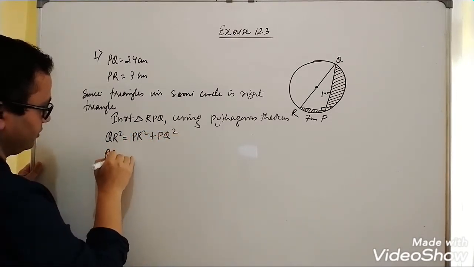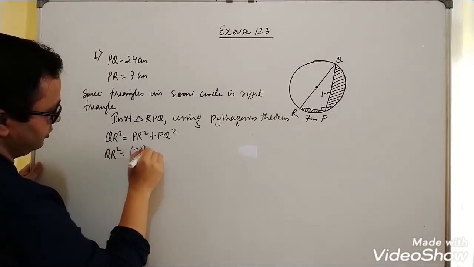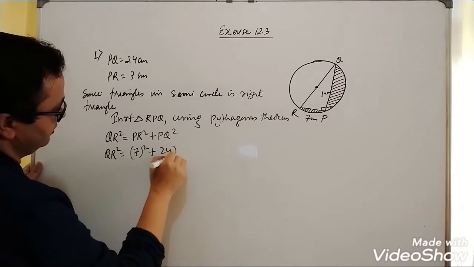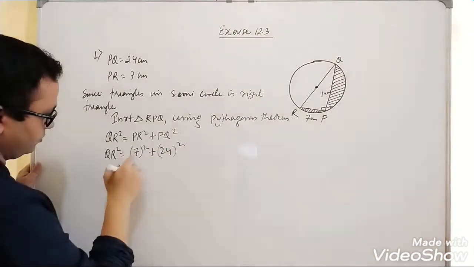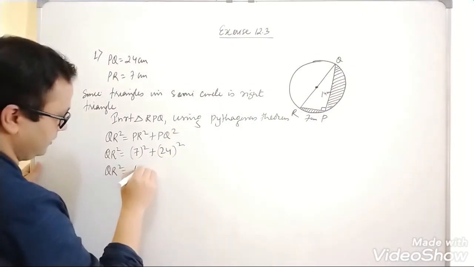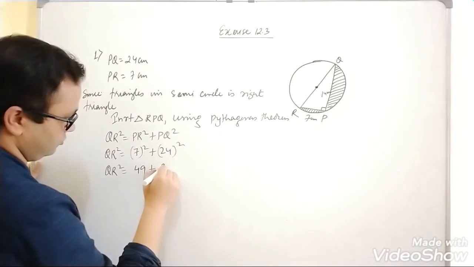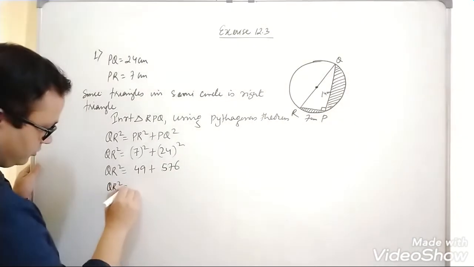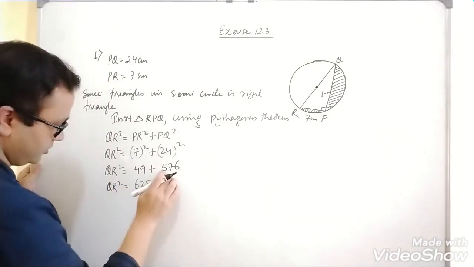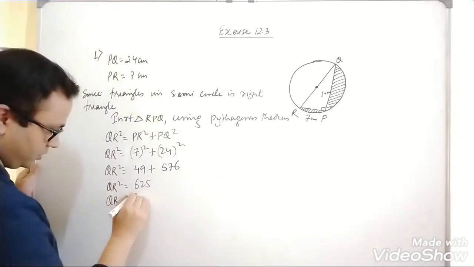So QR square equals 7 square plus 24 square. Square of 7 is 49, square of 24 is 576. So QR square equals 625. QR equals root under 625.